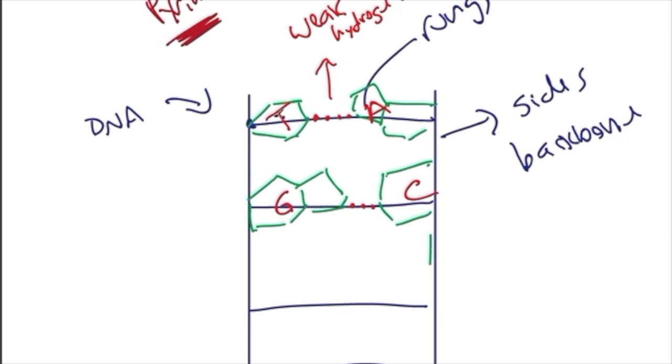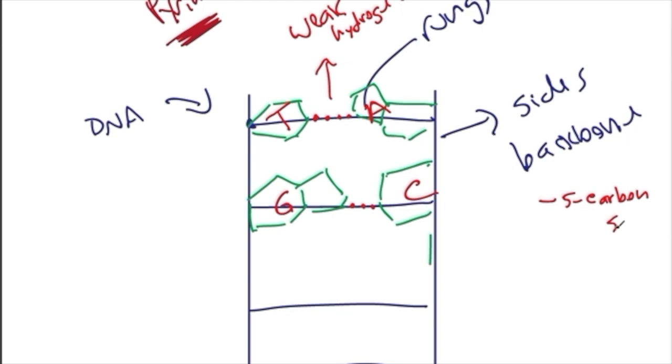Now this part over here, the side, is what they call the backbone. And the backbone is made up of, I think, 3 things. You have a sugar, actually a 5-carbon sugar. Do you know what else is on the backbone? There's a phosphate group, right? Yes.